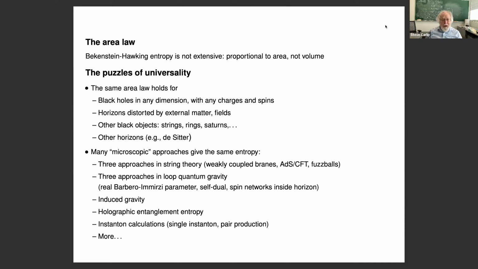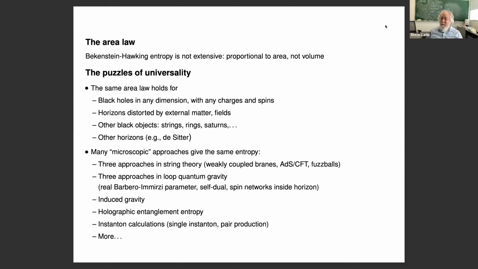The first problem is this area law, the fact that the Bekenstein-Hawking entropy is proportional to area, while for almost every other system we know, entropy is an extensive quantity, it's proportional to volume. Now, this isn't a contradiction.